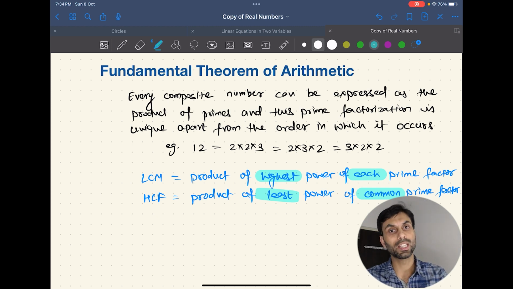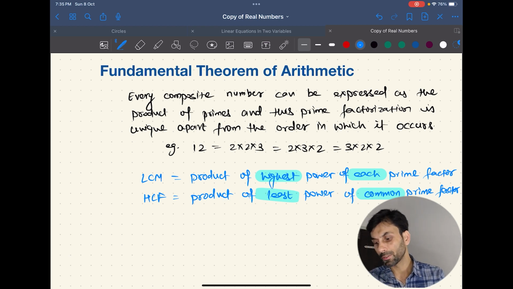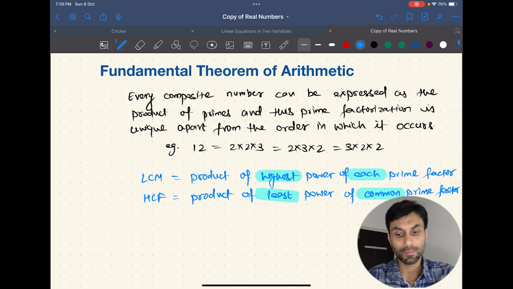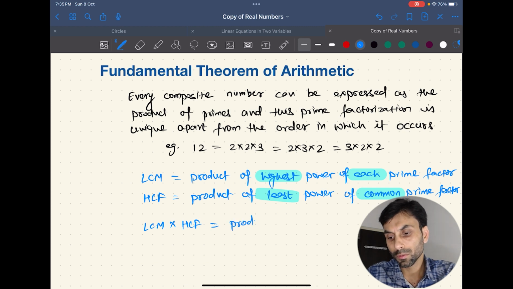Once we know about the LCM and HCF of two numbers, there is one relation we need to study. The relationship between LCM and HCF is: LCM into HCF equals the product of the two numbers.